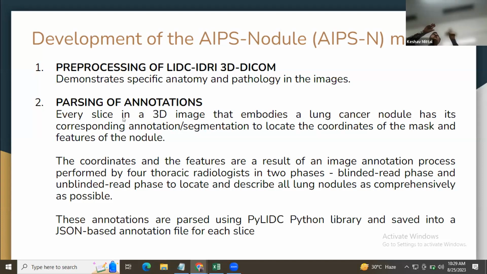In your phone, what you have is a two-dimensional JPEG, GIF. Similarly, there's a format on the medical side called DICOM. Now in CT scan, what we are working with is three-dimensional, not 2D. It's a 3D image.